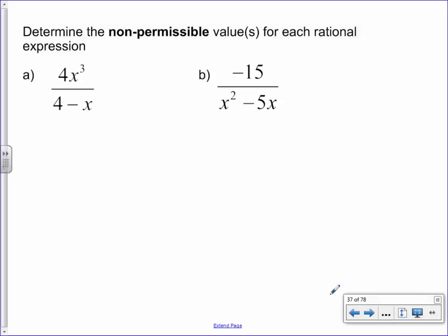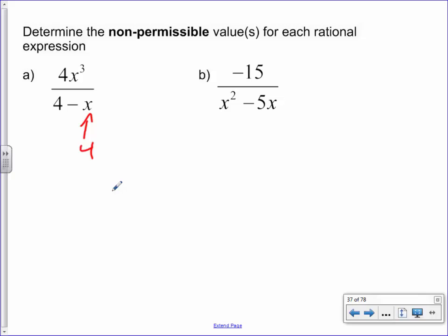That makes sense? What number could this x right here not be? 4. Because if it was 4, then 4 minus 4 would give you 0, and that's where the problem comes in. Does that make sense?